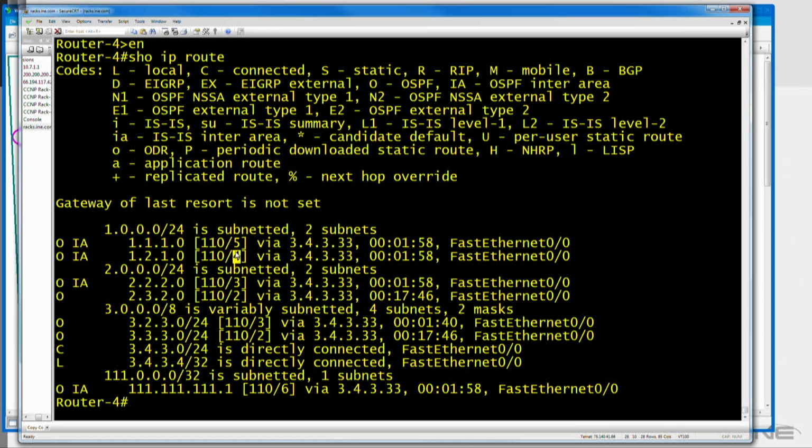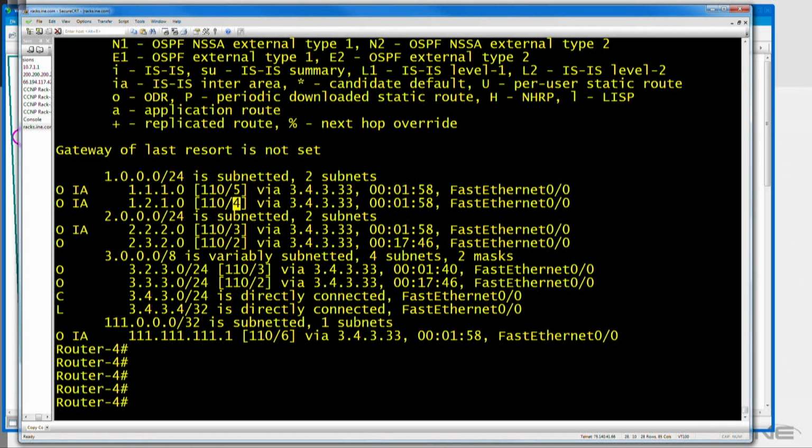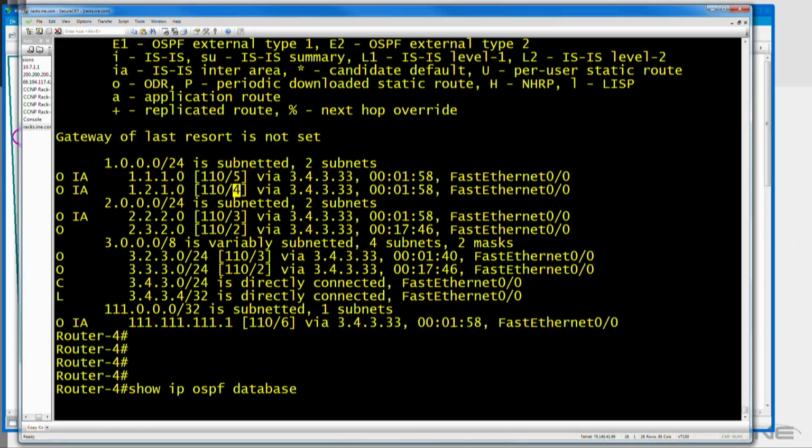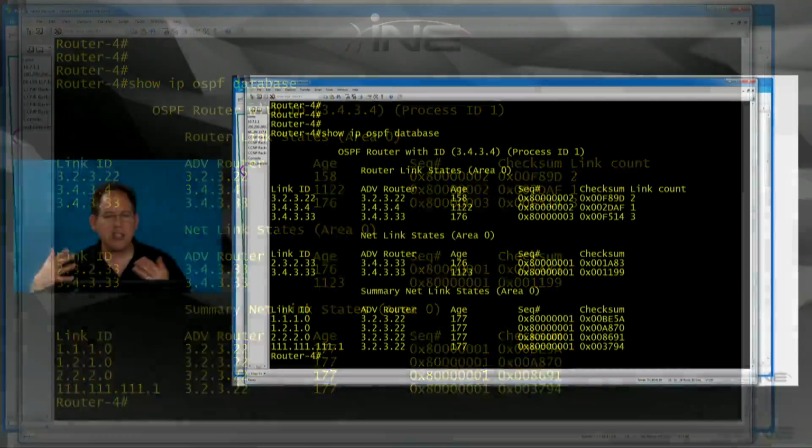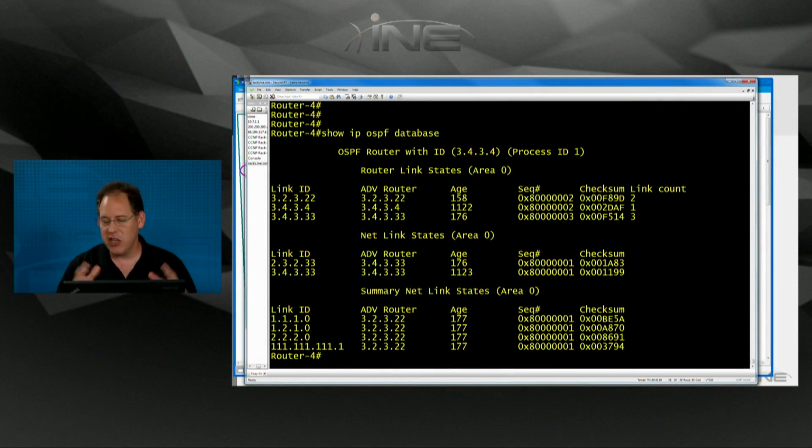And at this point, one other thing I want to show you, you can actually look at the database that contains your OSPF LSAs, show IP OSPF database, and it shows you your different LSAs. Now, at the CCNA level, like I said, you don't have to know about the specific kinds of LSAs. You don't have to know their names and type numbers.